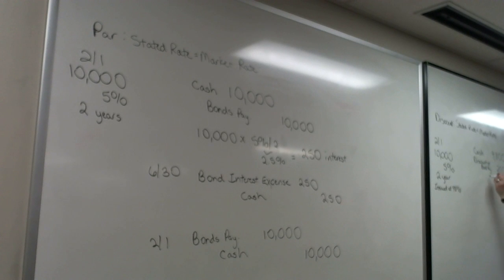And then we're still going to credit bonds payable for the full 10,000. So that's what issuing at a discount looks like. So that's not too bad.